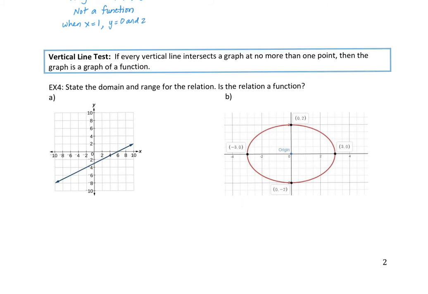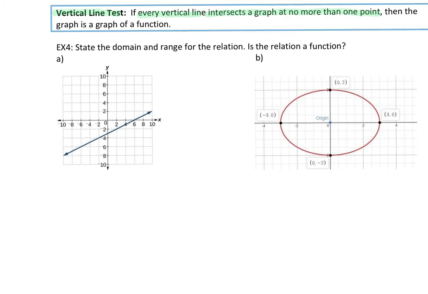But the question is, is a graph a function? It is if it passes the vertical line test. The vertical line test says if every vertical line intersects your graph at no more than 1 point, then the graph is a graph of a function. If you can draw a vertical line that passes through 2 or more points, it's not a function. So not a function, passes through 2 or more points; function, at most 1 point.